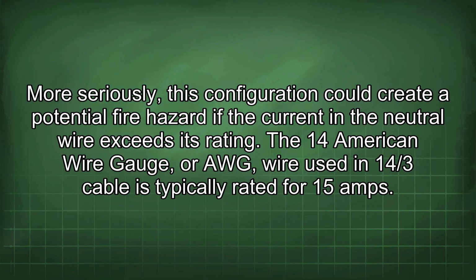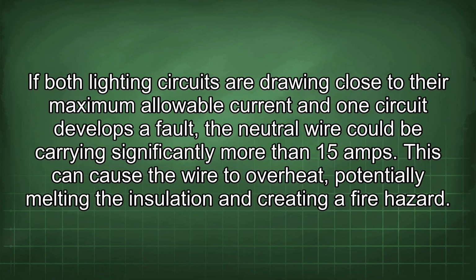The 14 American Wire Gauge, or AWG, wire used in 14/3 cable is typically rated for 15 amps. If both lighting circuits are drawing close to their maximum allowable current and one circuit develops a fault, the neutral wire could be carrying significantly more than 15 amps. This can cause the wire to overheat, potentially melting the insulation and creating a fire hazard.